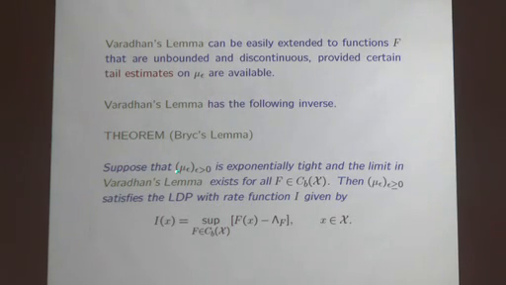It says, if I have any family of probability measures that is exponentially tight, not knowing yet that they would satisfy a large deviation principle, and I would know that the limit in Varadhan's lemma would exist, not knowing what it is, then I can retrace what the underlying rate function is by basically inverting the variational formula in Varadhan's formula.